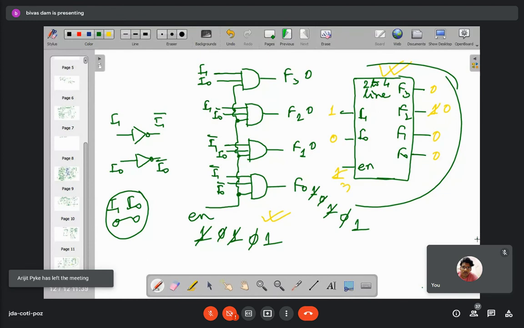So if I have n primary input lines, I will be having 2 to the power n output lines. Now depending upon one particular primary input combination, only one output line may become 0 or may become 1, and the other 2 to the power n minus 1 output lines will permanently remain 0.